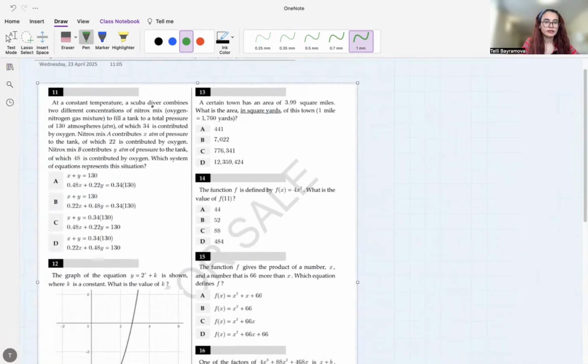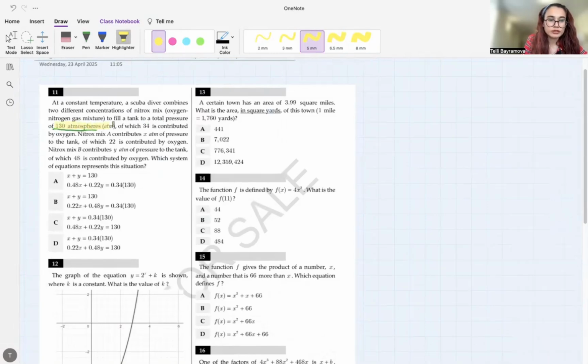11. At a constant temperature, a scuba diver combines two different nitrox mixes, oxygen and nitrogen gas mixture, to fill a tank to a total pressure of 130 atmospheres. This is important. Okay, the total pressure is 130. The percentages are 34%, 22%, and 48%.